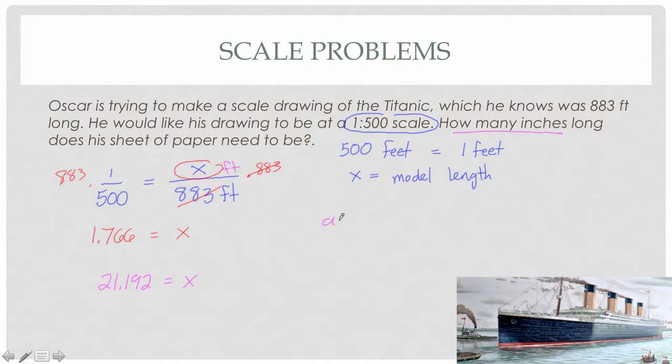Approximately 21.2, rounding to the nearest tenth, so 21.2 inches long. There's a scale model of the Titanic. That's his basis of how he's going to draw that thing out.